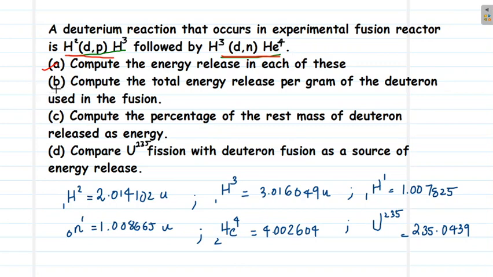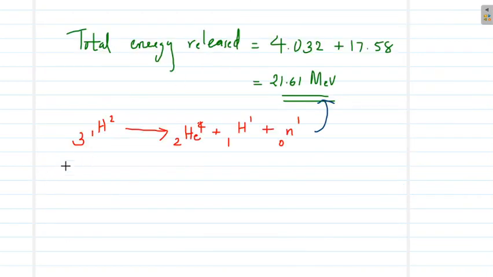Now we need to calculate the total energy released per gram of the deuterium used in the fusion. We know 3 deuterium combined to form a helium in this process, releasing 21.61 mega electron volt of energy. So what is the energy released per each nucleus? This is section B, energy released per each nucleus.